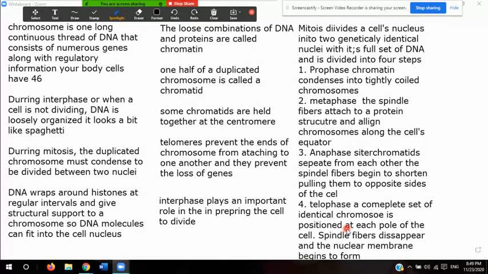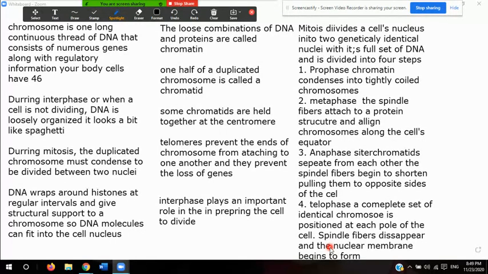Then in telophase, a complete set of identical chromosomes is positioned at each pole of the cell. The spindle fibers disappear and the nuclear membrane begins to form. Still in anaphase, chromosomes are not really formed yet, but they do begin to pull towards opposite sides of the cell.